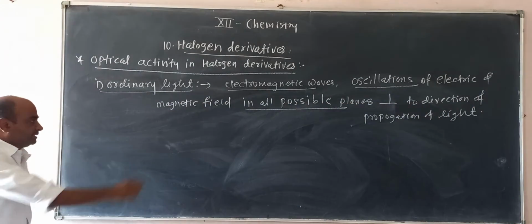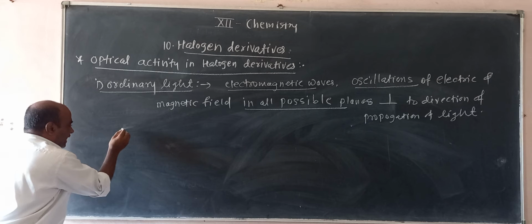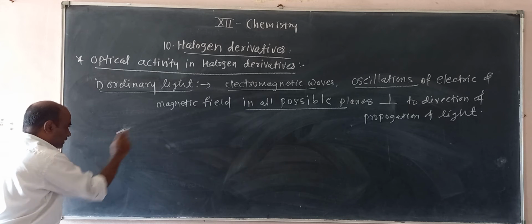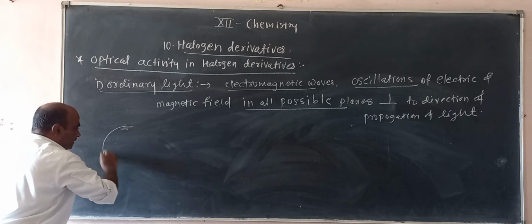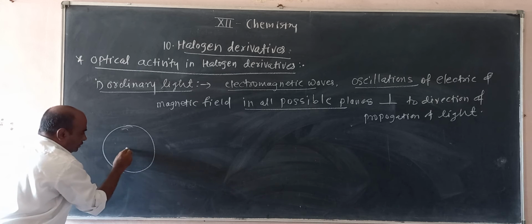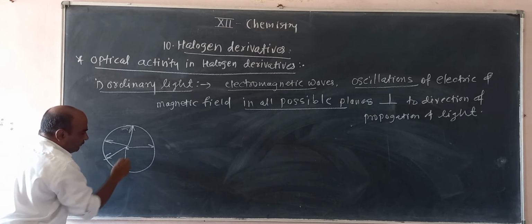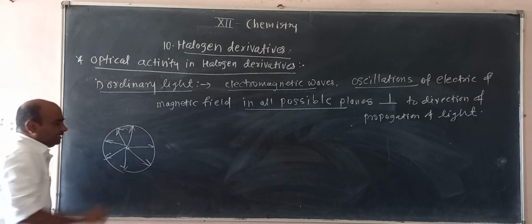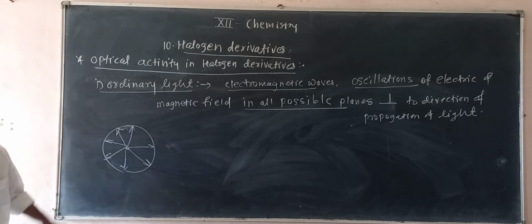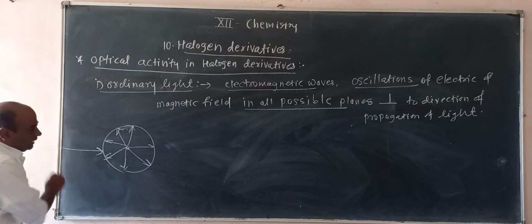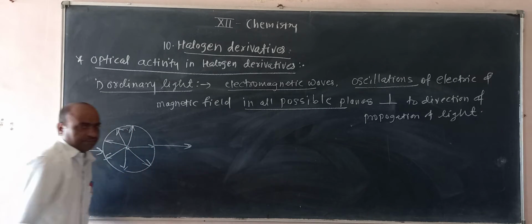Okay, that means for ordinary light we can consider its cross-sectional area. This is the source of light, which vibrates or oscillates in all possible planes perpendicular to the direction of propagation of light.